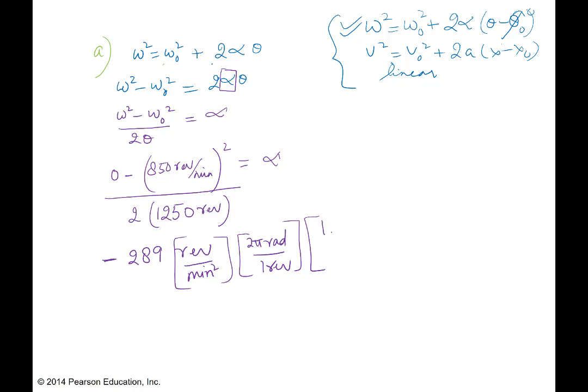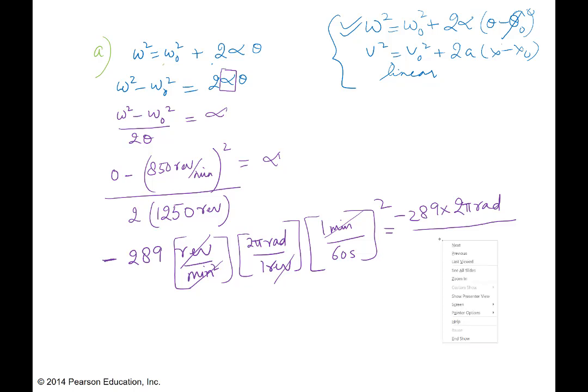So 1 minute over 60 seconds whole squared. Don't forget the whole square thing because you're squaring the entire term. Now your rev is gone, your minute square is gone. You are left with minus 289 into 2 pi radians divided by your 60 cross 60 seconds square. Please take out your calculators and work on this number.